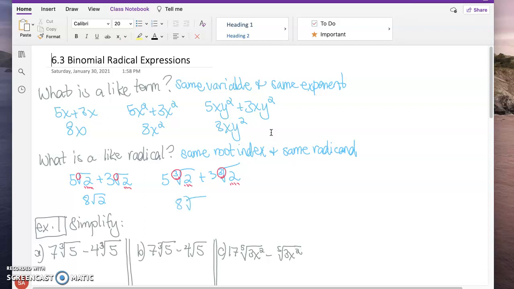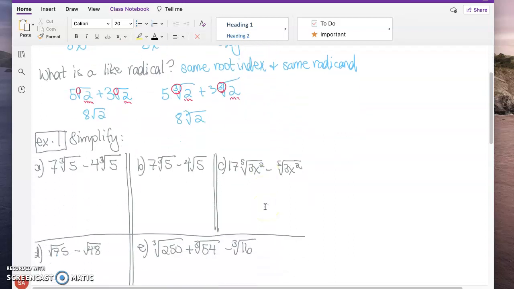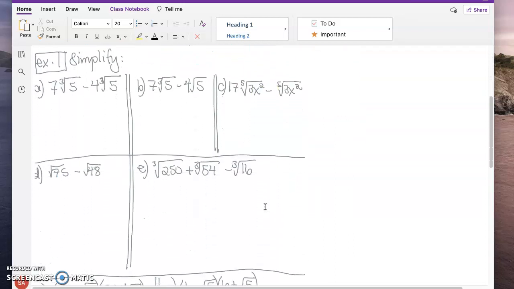So let's look at some examples. I'm looking for whether or not they're like terms. These guys are like terms, so all I have to do is 7 minus 4, and then the radical stays the same.